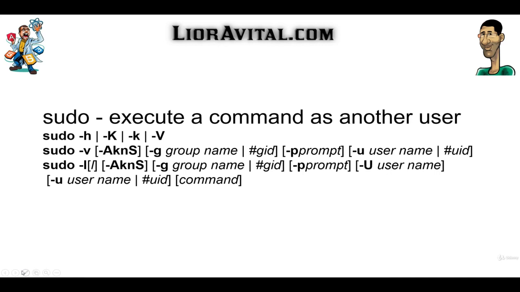And we have the regular users. For example, my user is Lior, L-I-O-R, and your user will be, I guess, by your name. So John, Kate, Ashley, and your own user. So this is useful when we want to execute commands as the root user.